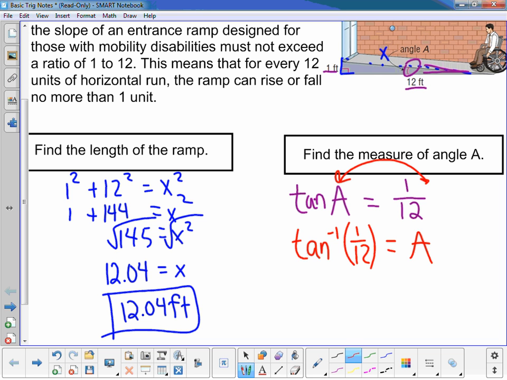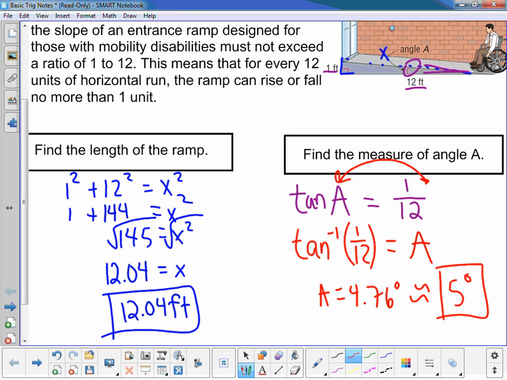You're going to use your calculator for all these trig functions. If I plug in the inverse tangent of 1/12, I get A equaling about 4.76 degrees, which we typically round to the nearest whole degree. So we'd have about 5 degrees here. That's the angle that the ramp increases as you're going up or down the ramp.